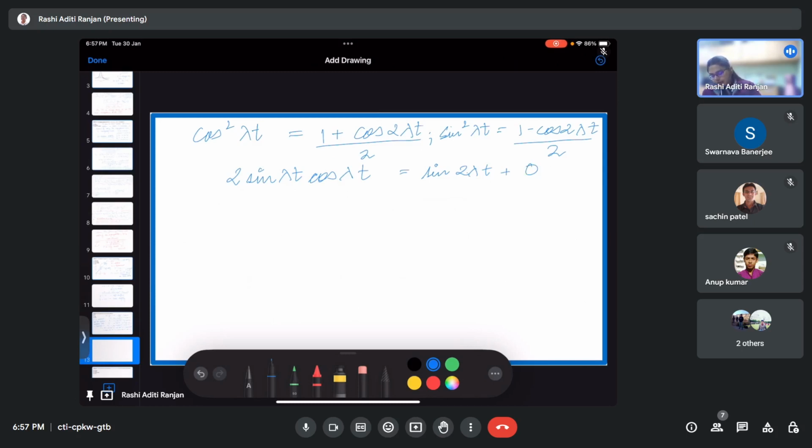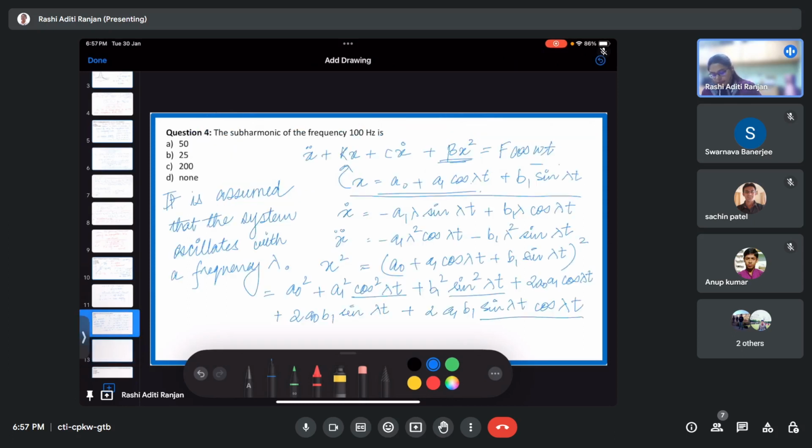So I'll not get into the whole mathematics, but from here, if I use this and this, what can I do? I can replace these values into the main equation, which is this equation. Totally, I can replace it.